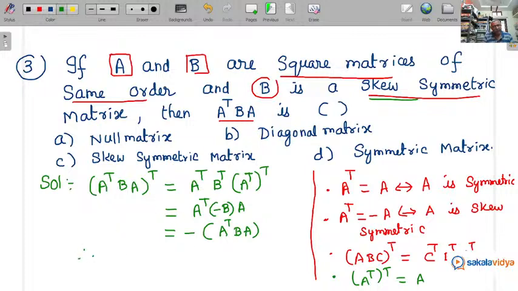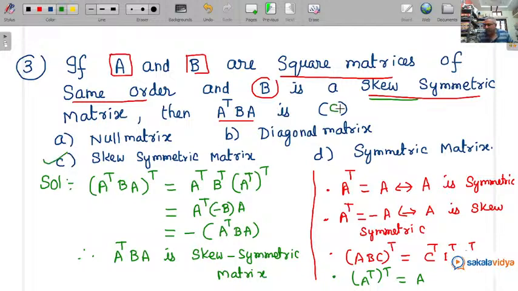Therefore A transpose B A is a skew symmetric matrix. So the option is C. C is the right option. Absolutely correct.